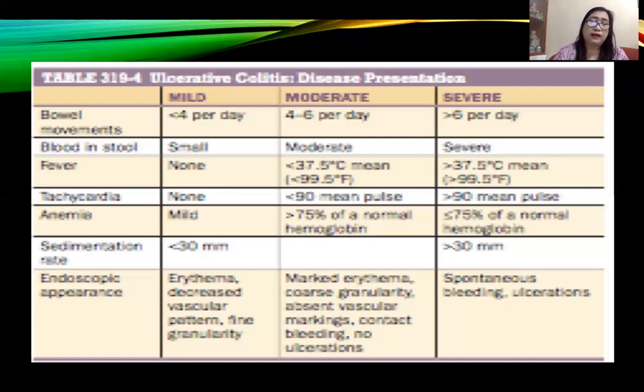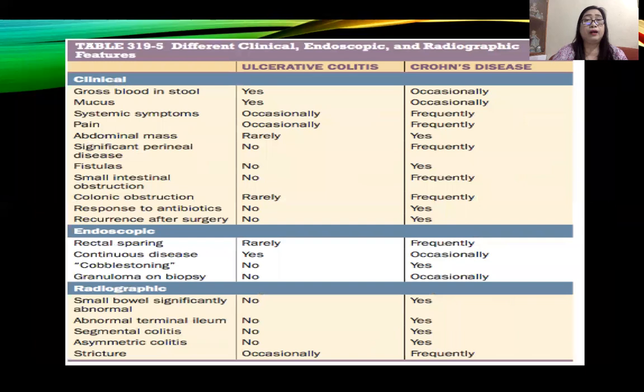And your endoscopic findings, what you see in mild cases are only erythema, decrease in the vascular pattern, and fine granularity. In moderate ulcerative colitis, you will see by endoscopy marked erythema with coarse granularity, with absence of vascular markings, and you may see bleeding, but you don't see ulcerations. Only in severe cases can you appreciate ulcerations with bleeding. All right.